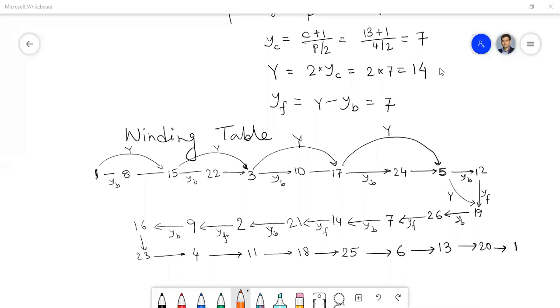Then if the machine is a 4-pole machine, now if I go for the lap winding, what will be the voltage? And if I go for the wave winding, what will be the voltage? Have you understood the problem? Both machines are 4-pole machines. If I have 12 coils and each coil contributes 10 volts.